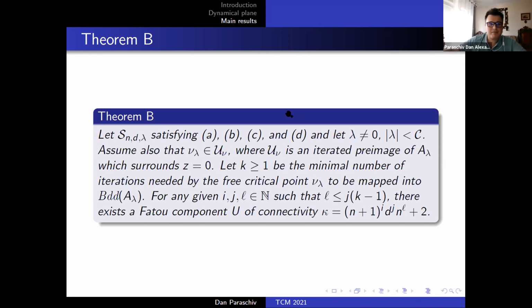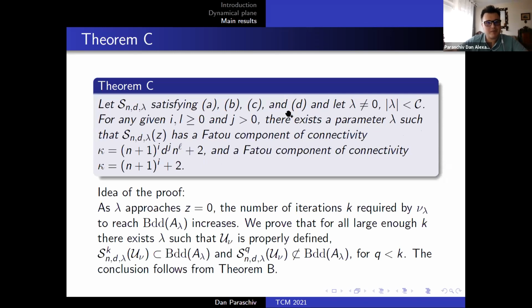And finally, the biggest result in our paper. Until now, we have tried to describe statements in the dynamical plane, but we have not proven in any way that they may happen. Theorem C says yes, everything that we have described in Theorem A and Theorem B always happens. Now, let S and D lambda satisfy all the necessary conditions.